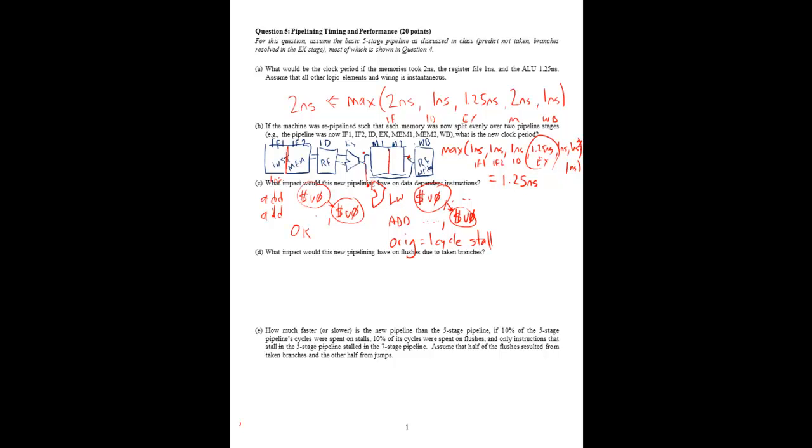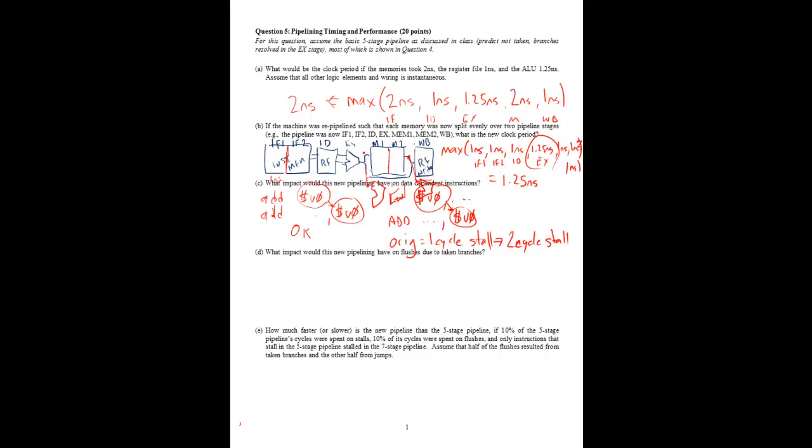Now we have 3 cycles between starting that operation and finishing it, which means that when the subsequent instruction tries to start executing, it doesn't have to stall once, which would allow it to start at this time. It has to stall for 2 cycles so that it can bypass that value correctly. So what was originally a 1 cycle stall now becomes a 2 cycle stall.